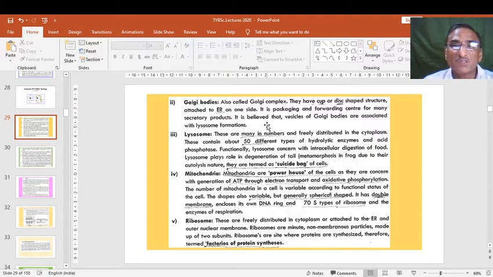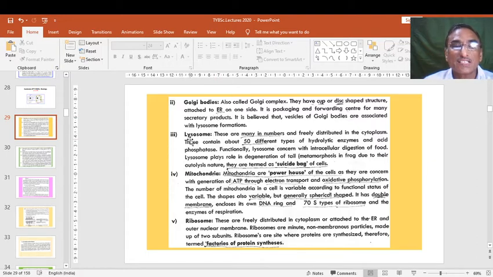It is believed that the vesicles of Golgi bodies are associated with lysosome formation. Means all the cell organelles are formed by the union of different molecules, and lysosomes are the final products from the endoplasmic reticulum.